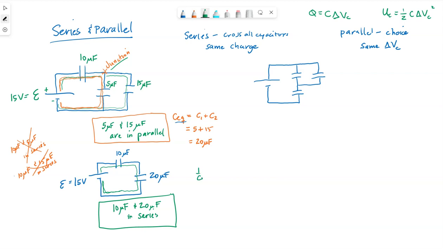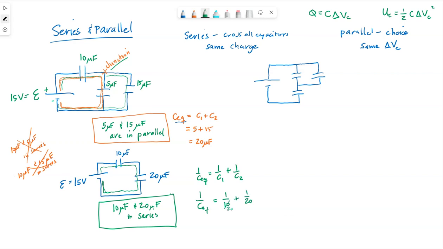The process for calculating our equivalent capacitance when our capacitors are in series is this inverse relationship. So 1 over C equivalent would equal 1 over 10 plus 1 over 20 microfarads.